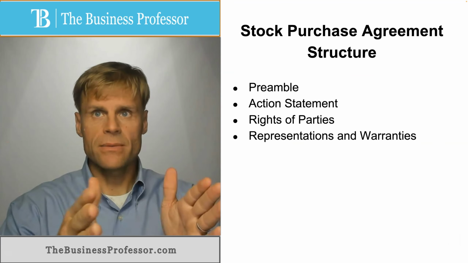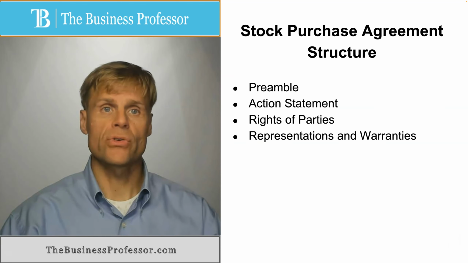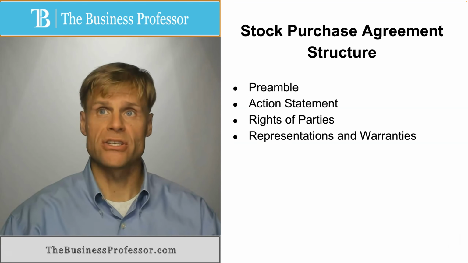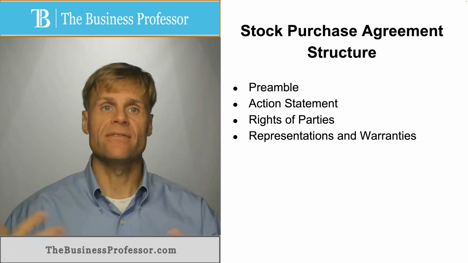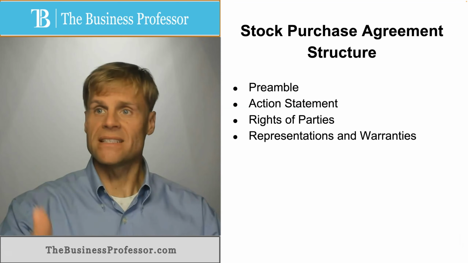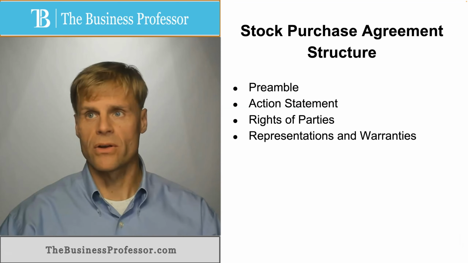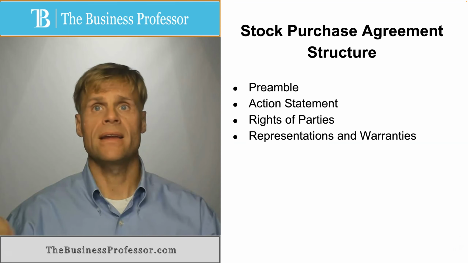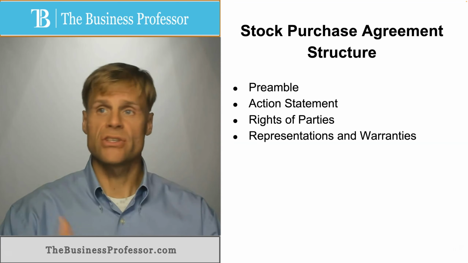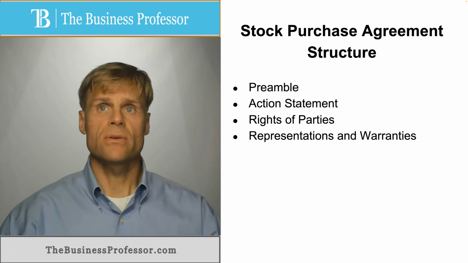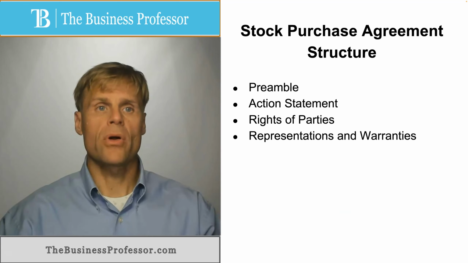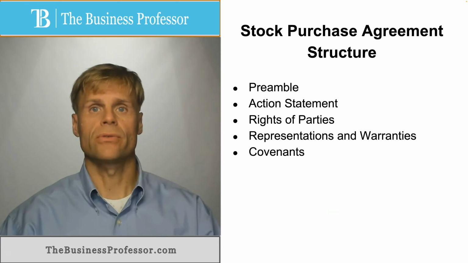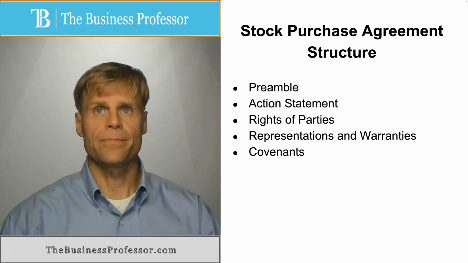Okay, you're saying something is true and you're warranting that it will be true at the time of closing or consummation of the transaction. On the other side, the investors state representations and warranties as well, that they are an acquiring entity owned in this way, that their intentions are so and so. So it states out everything that one party represents to the other that's material to the negotiation.